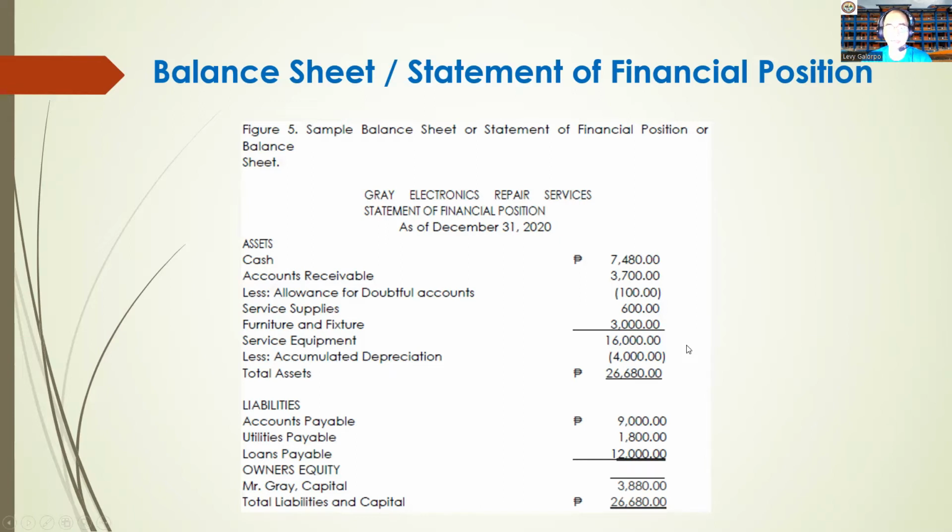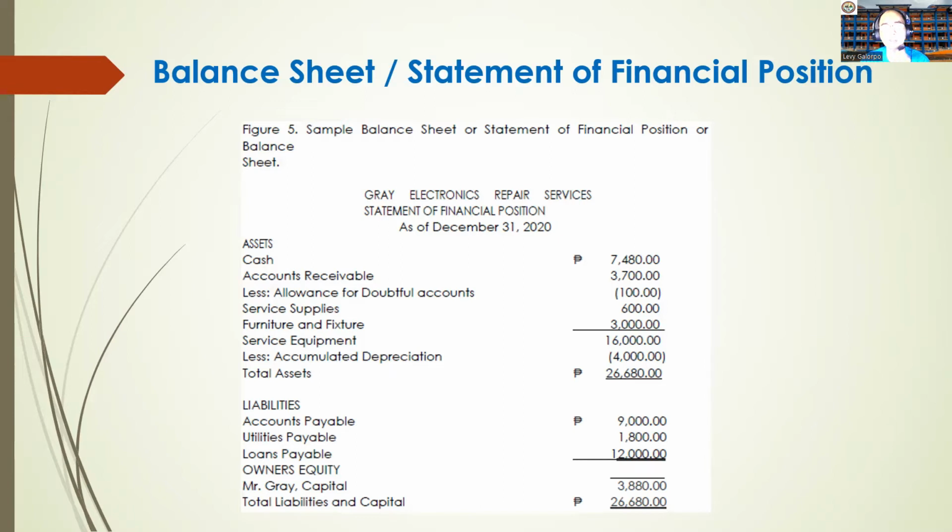Pansinin nyo, class, saan nakuha itong mga figures na ito? Ang mga figures na makikita natin sa balance sheet ay permanent accounts, kagaya ng cash, accounts receivable, and so on and so forth. Ibig sabihin, pag permanent accounts yan, hindi siya nominal accounts na makikita sa income statement.